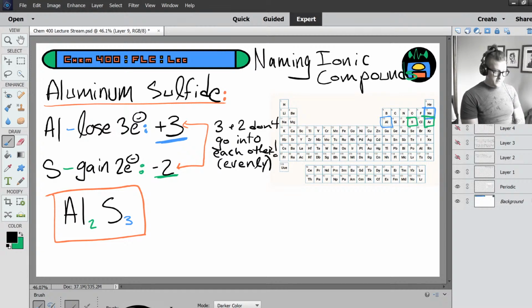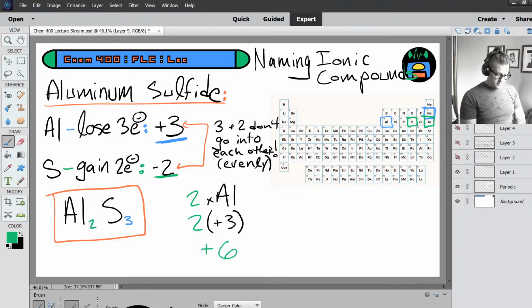So here you have two aluminum cations, right? That means you have 2 times the charge on aluminum, which is +3. So you have a total positive charge of 6.